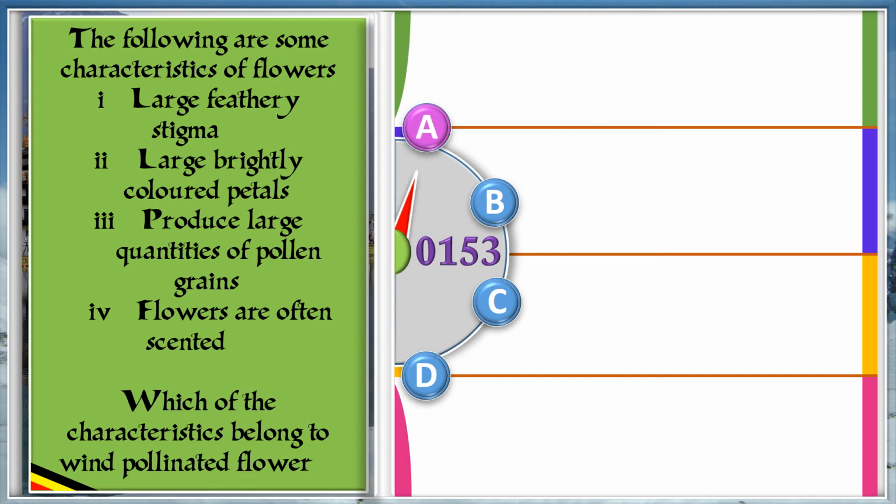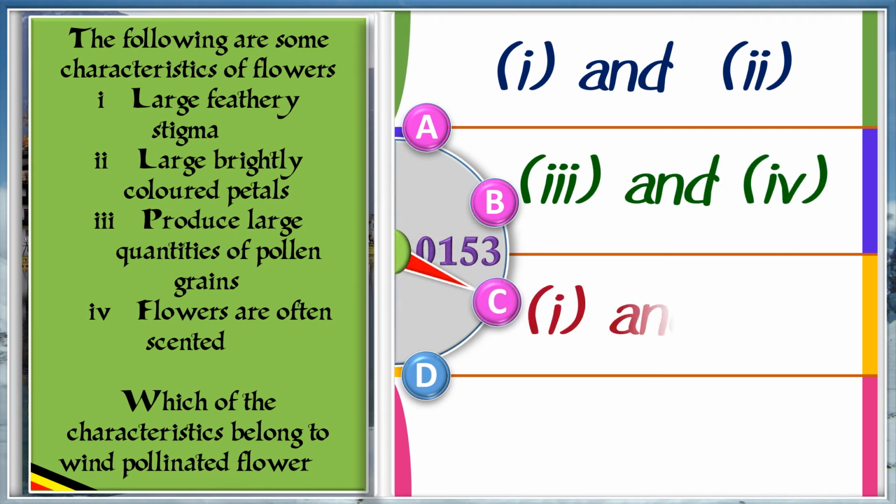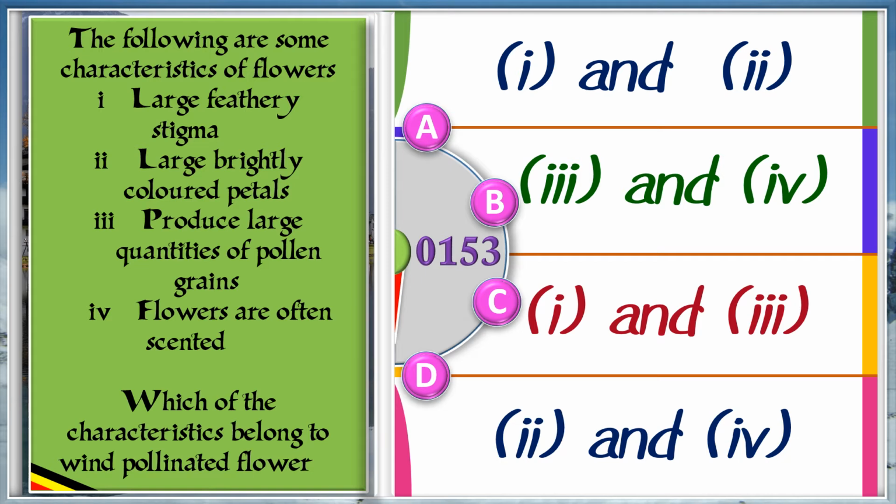A. 1 and 2. B. 3 and 4. C. 1 and 3. D. 2 and 4. And the answer is C. 1, large feathery stigma, and 3, produce large quantities of pollen grains.